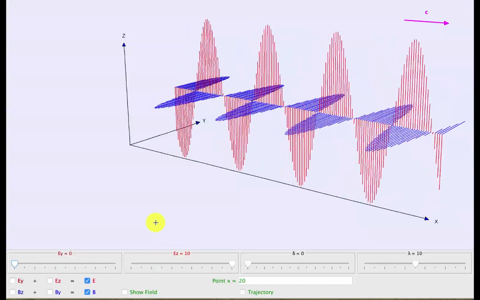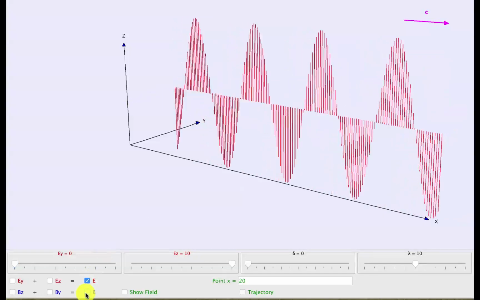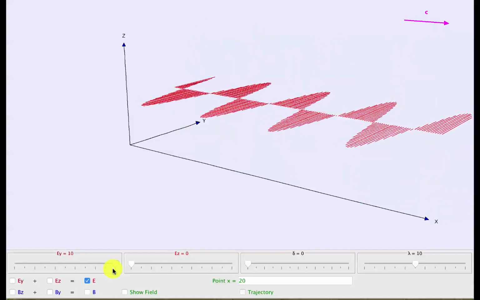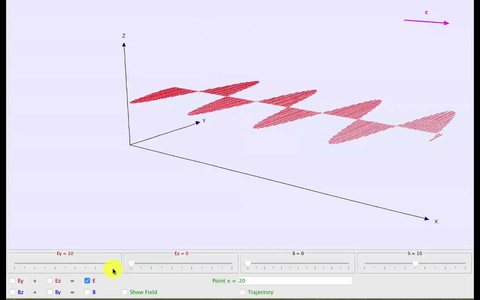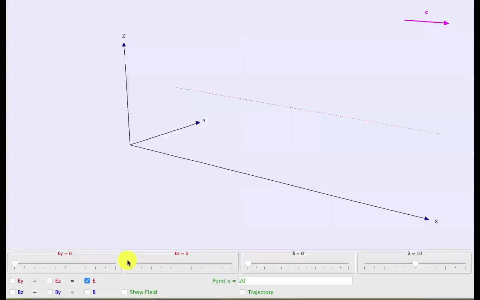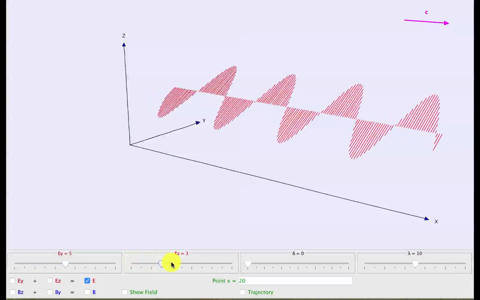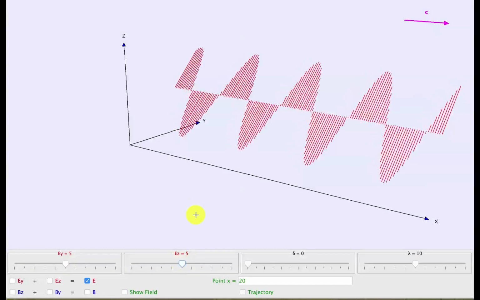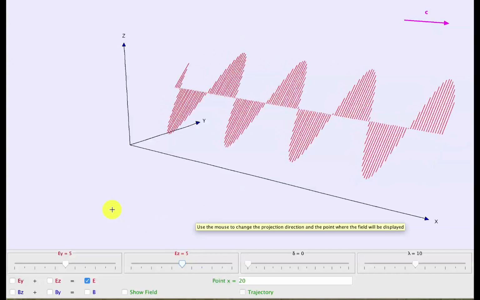Now, of course, I can have a mixture. So now let me turn off the magnetic field. Here is now pure y polarization. I'm now going to take a wave that has half its amplitude in the y direction and half in the z direction. So look at this. Now, this wave has its electric field tilted.